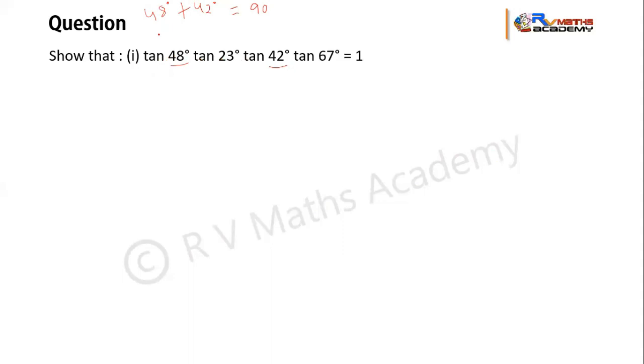Now, if you just take 23 degree and 67 degree, then again you can see the sum is 90 degree. So what we have to do, first we will write those trigonometric ratios together whose angles are making complementary angles. So I will write tan 48 degree and tan 42 degree together.